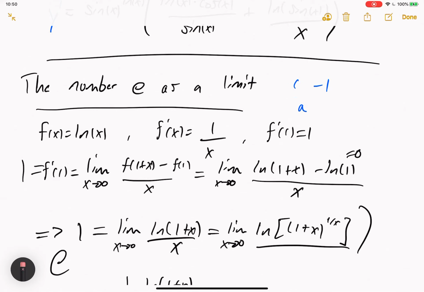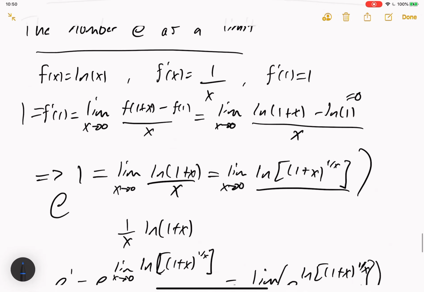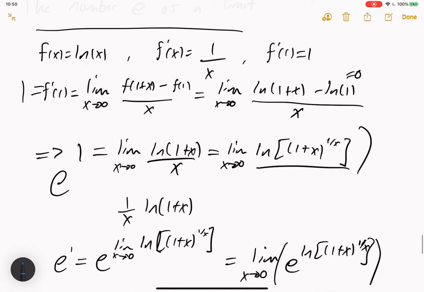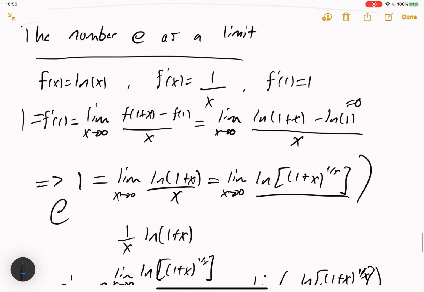I don't know. It was some weird inequality, some weird limit. It was some of the properties of exponentials. What I usually remember for the limit definition of e will be the one we're doing here.